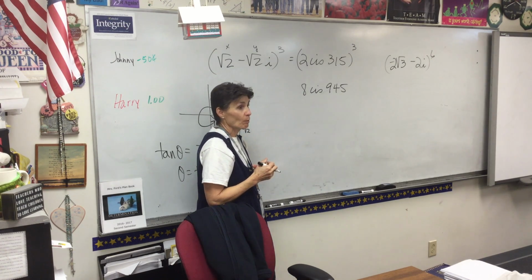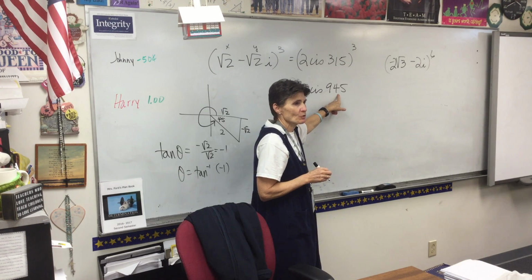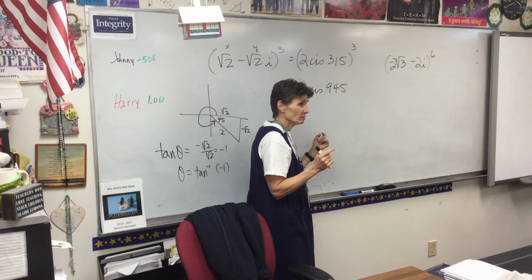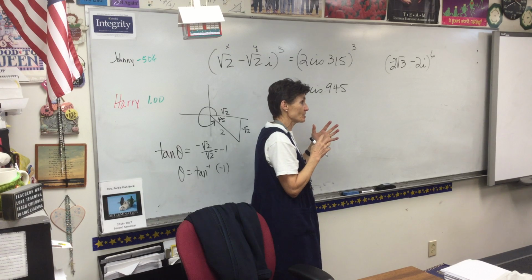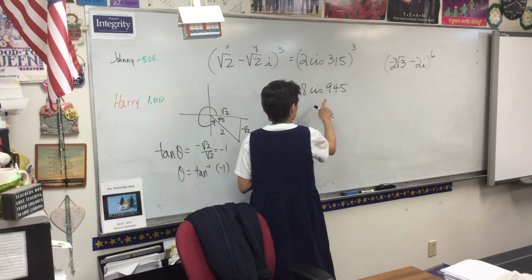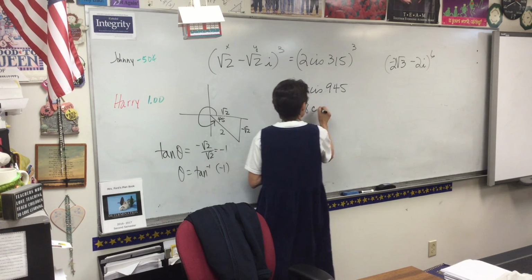Now, Olivia has pointed out that angle's too big. We talked about this yesterday. If you get an angle that's too big, what do you do? Subtract 360s, right? What if we get an angle that's too small? Add 360s, right. Okay, actually I think I can take out a couple of 360s.